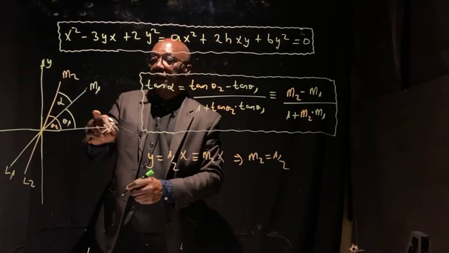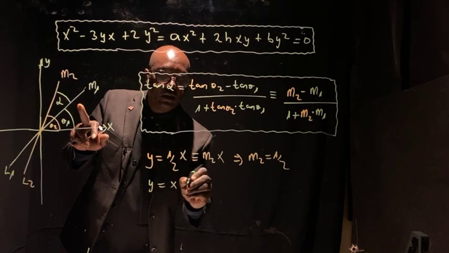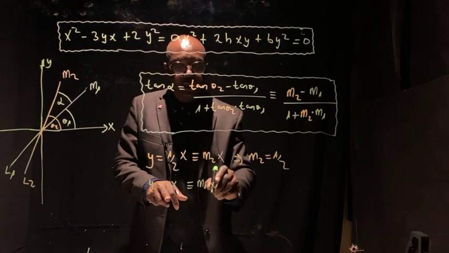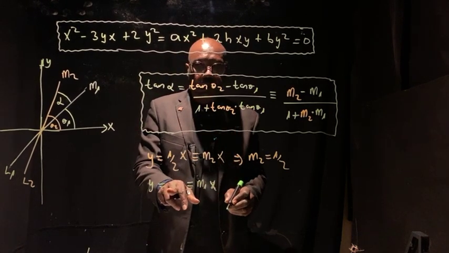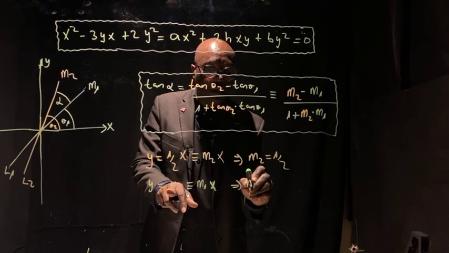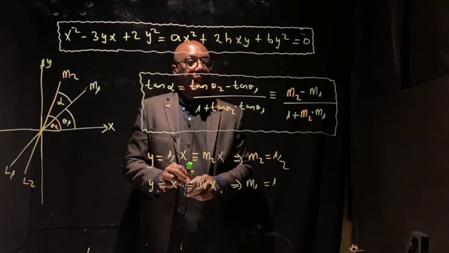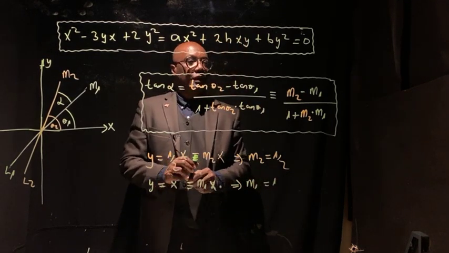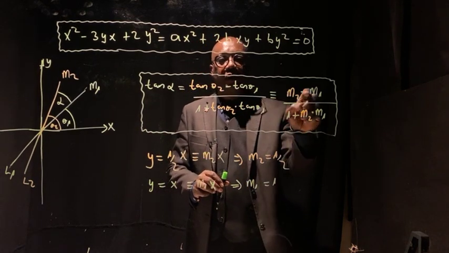And this line has the equation y equal to x, which is very much identical to m1 x. You can see that the gradient m1 is equal to 1. So if you want to find the angle, you can insert these values over there.